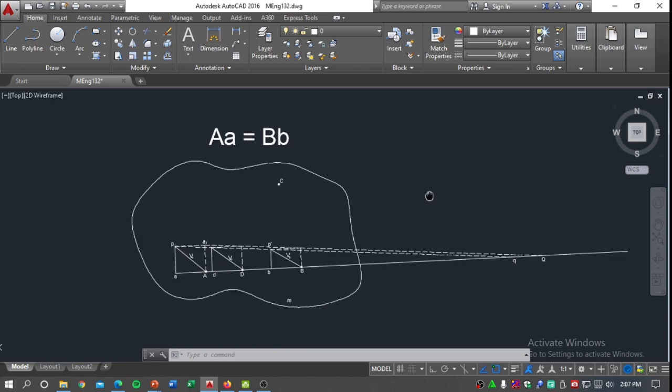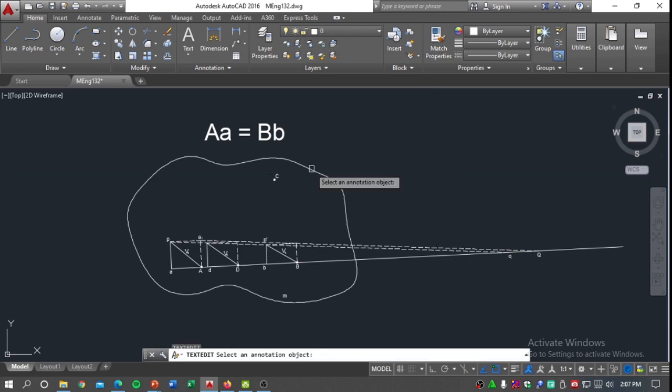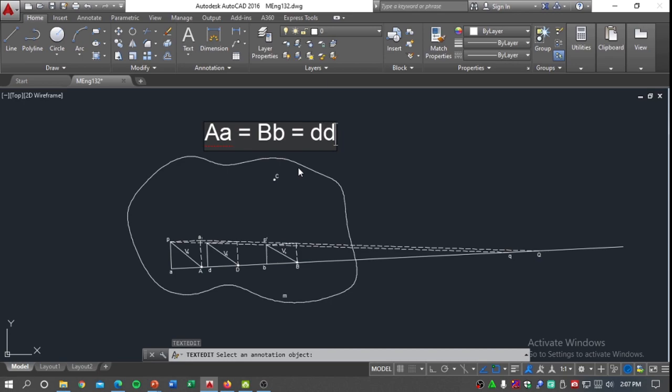So by following the method of resolution and composition, and they are in the same line, the length of AA, BB, DD should be equal to the length of QQ. Thus, it should follow this.